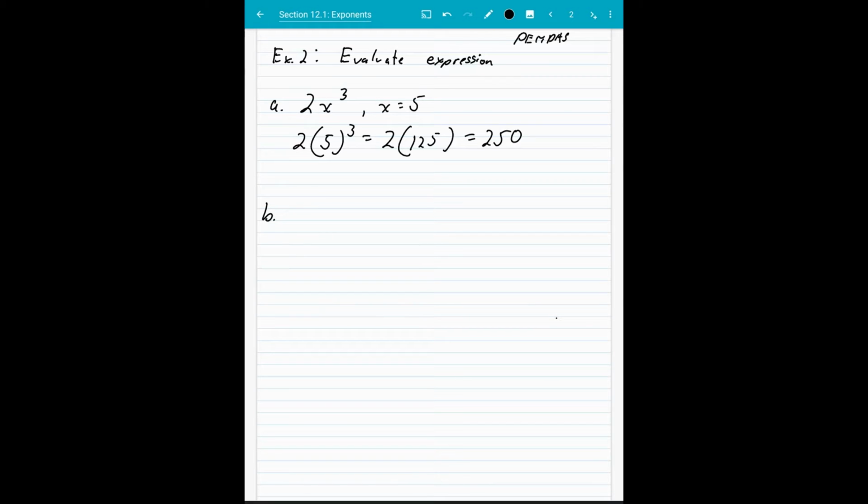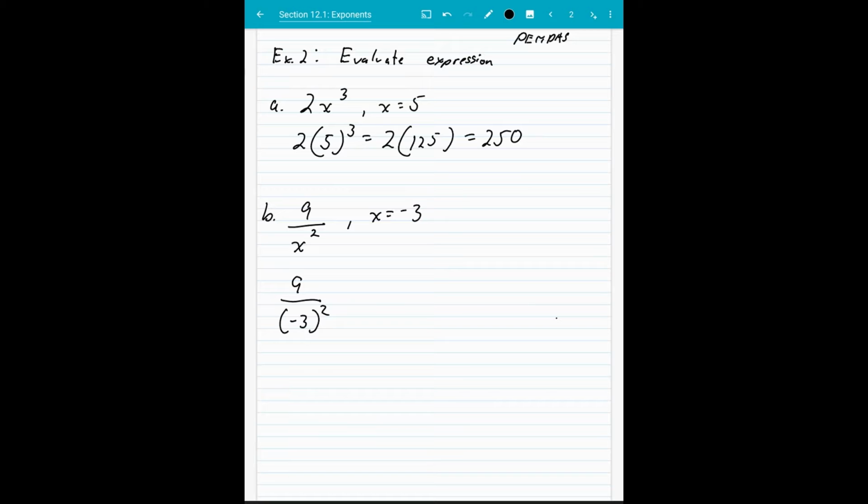For b, 9 over x to the second power, but it wants us to let x equal -3. So again, plug this -3 into here, but remember, put it in parentheses. I told you all how crucial that was way back in the day. I made -3 to the second power, so the -3 is in parentheses.